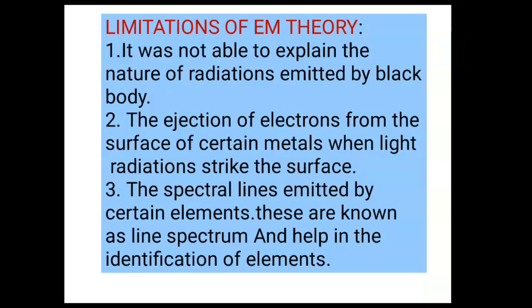Number 3, the spectral lines emitted by certain elements. These spectral lines are called line spectrum, and line spectrum is really helpful in the identification of elements. We will discuss these points in detail, but before that, let us talk about the characteristics of electromagnetic radiation.